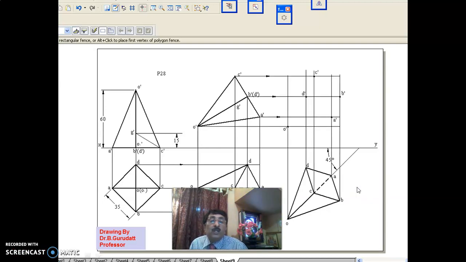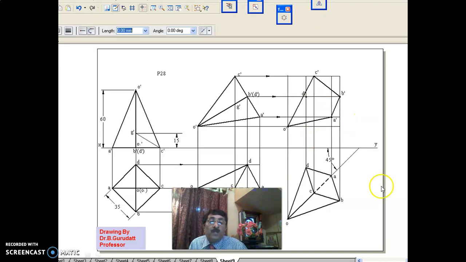Once you get the third stage top view, copy and rotate, get all the points in the other view, and join the outer boundary of these points. Since apex is nearer than the base, remaining edges of the base should be made dark dotted, invisible.